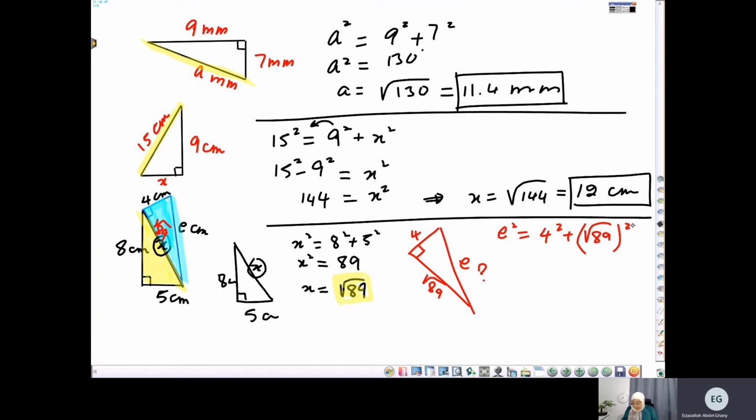Wow! If we square the square root, you will get 89. So, you will write on your calculator that E squared equals 4 squared plus 89, which is 105. If you need to find E, just take the square root of 105, and you will get 10.2 centimeters. Ta-da-da.